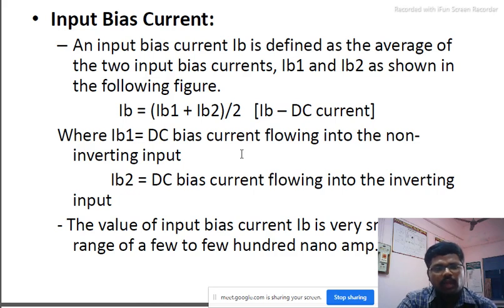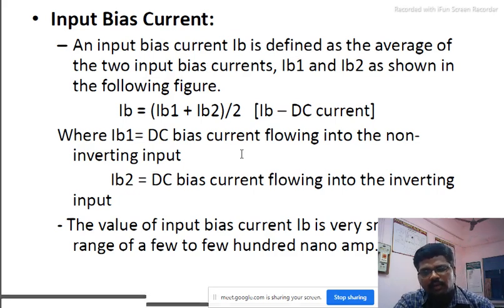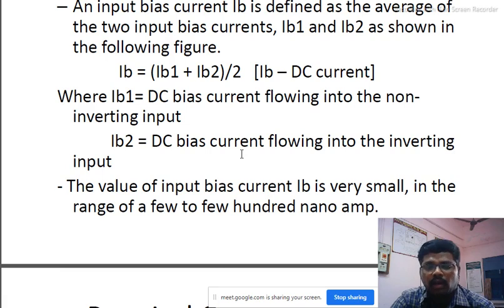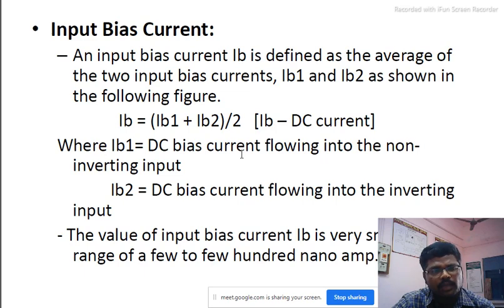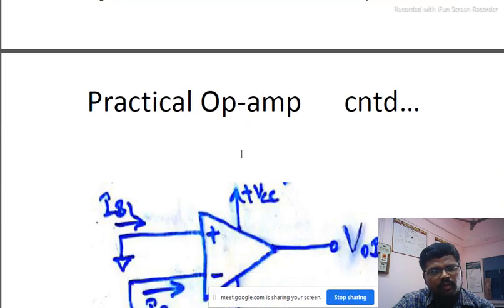The value of input bias current is very small, in the range of a few to a few hundred nanoamperes. IB is the input bias current, which is very small, in the range of a few to a few hundred nanoamperes.